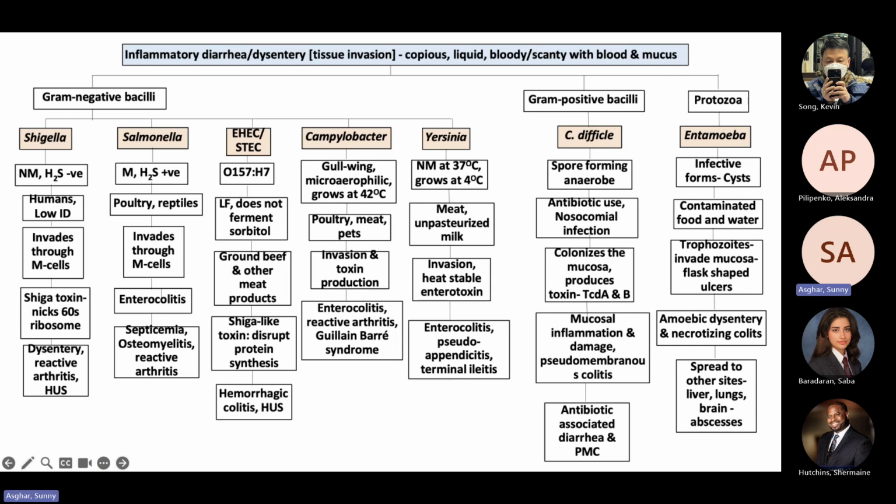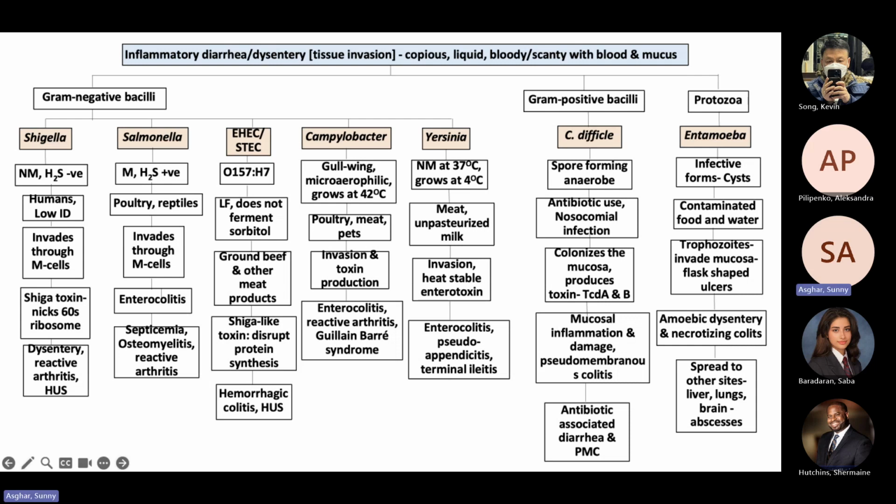So it's lactose fermenting, but it does not ferment sorbitol, and we can find it in ground beef as well as other meat products. And they produce a Shiga-like toxin, which is basically disrupting our protein synthesis, and that's going to lead to hemorrhagic colitis and HUS.